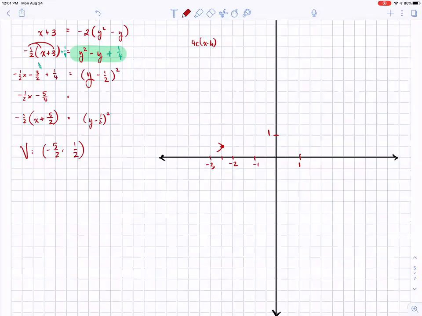Do you remember that little note I left you? It said once you get your vertex, what's the next thing that you should do when you're graphing? Go back and look at it. That's fine, I only gave it to you today. What's that note say?